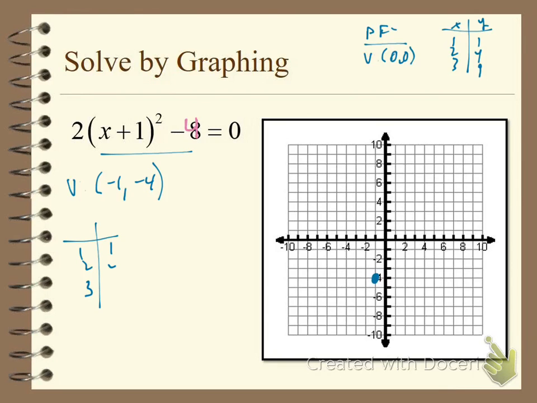So our 1, 2, 3, 1, 4, 9 table, multiply the right-hand column by A. So instead of 1, 4, 9, we get 2, 8, 18. It means when we walk over 1, we've got to go up 2. When we walk over 2, we've got to go up 8. 2, 3, 4, 5, 6, 7, 8. Mirror image these points.